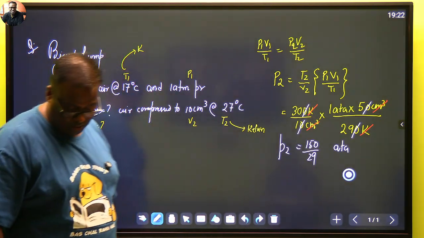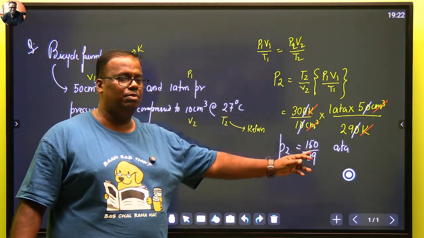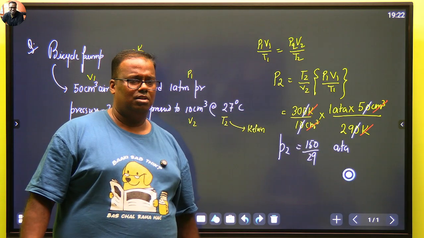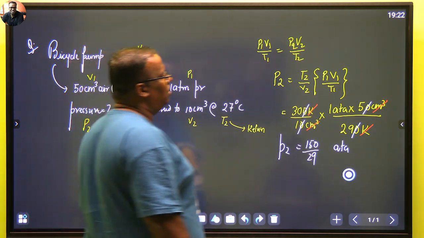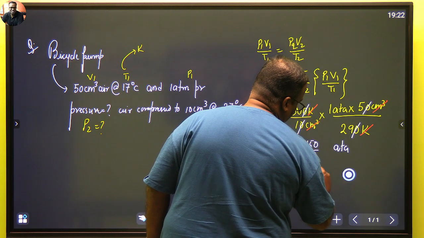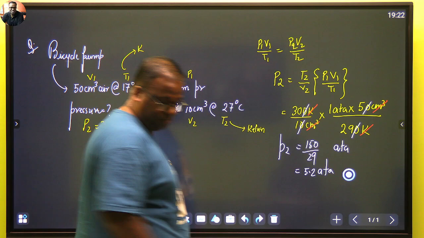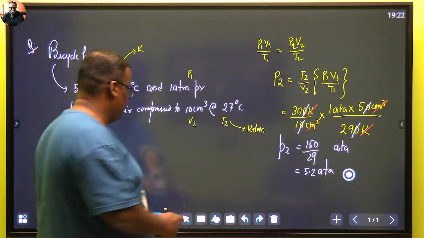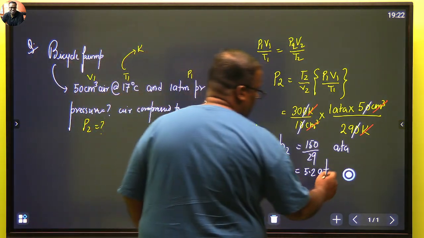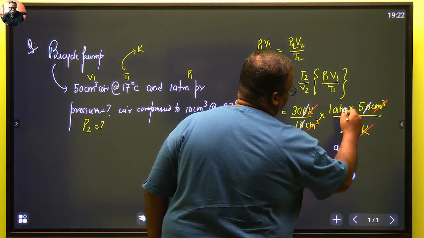So it should be, karo abhi kitna hai? Had it been 30, the answer would have been 5. 5.1 or, okay, 17, that means 5.2. And the answer should be in atmosphere, so 5.2 atm. Sorry, atm we write.